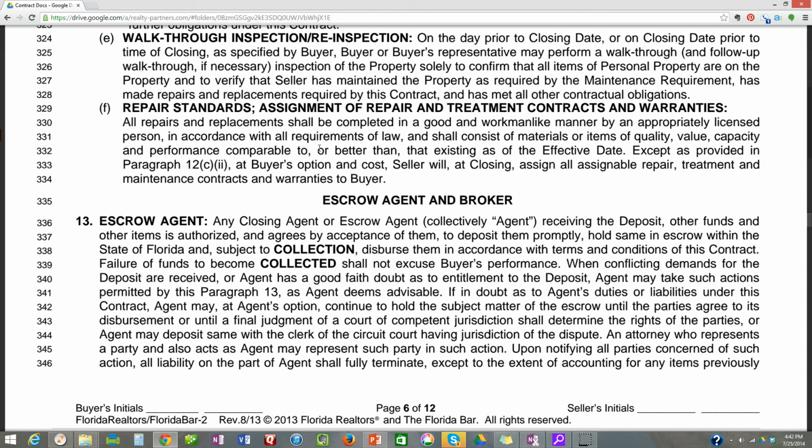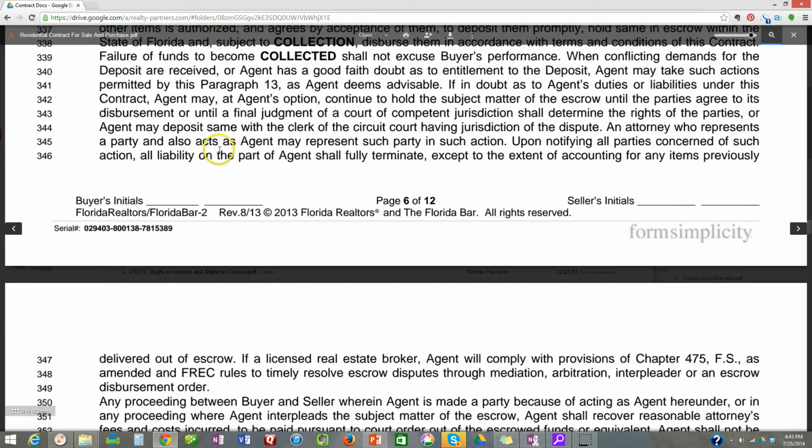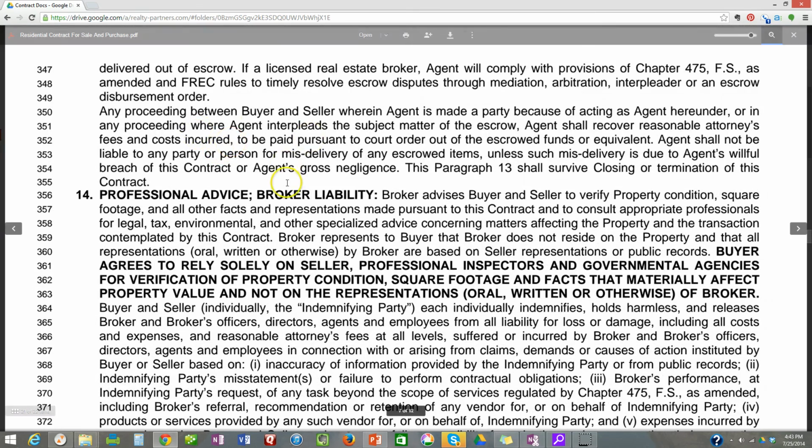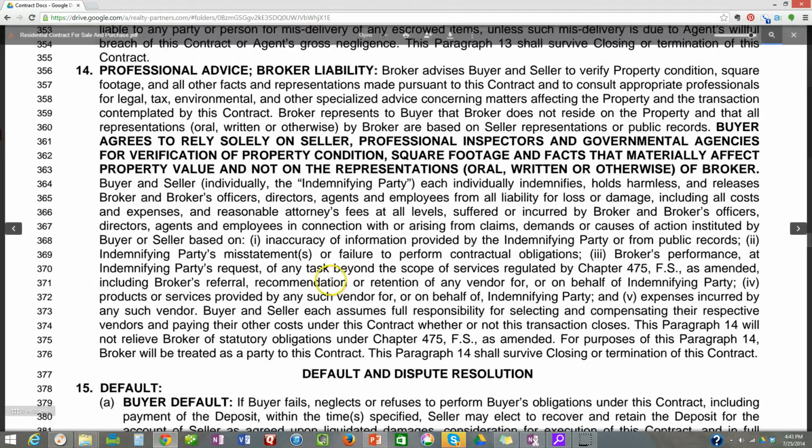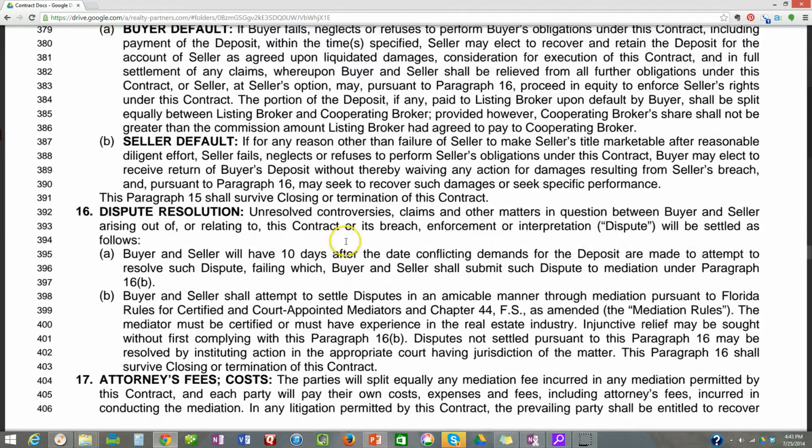We don't want the seller to fix the roof themselves if there's a problem with the roof, even if the seller has the talent to do it. No, you want to have a licensed roofing contractor that does it properly. If there's a requirement to pull a permit to do the roofing work, then you want to make sure that a permit is pulled. So the seller is obligated to do things properly. And then escrow agent, and the rest of it is virtually the same as on the other contract.